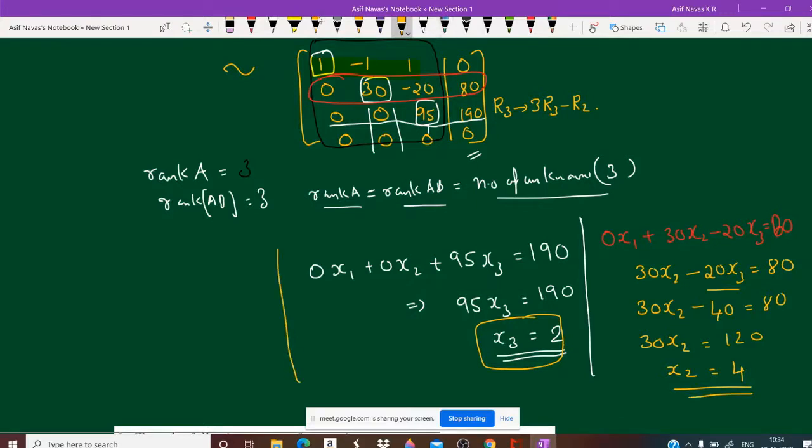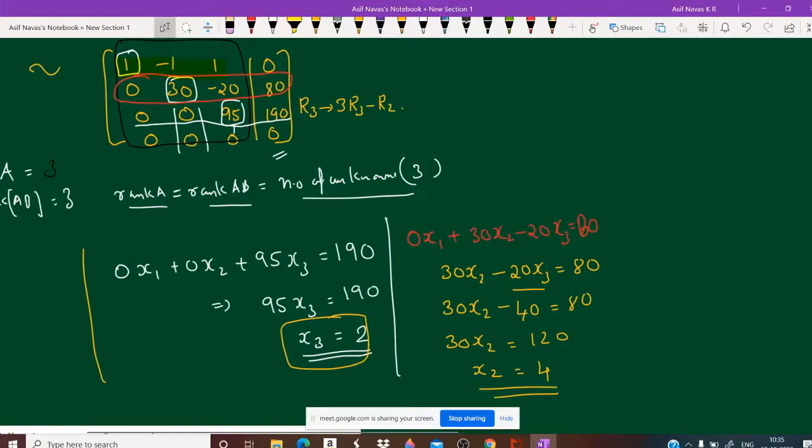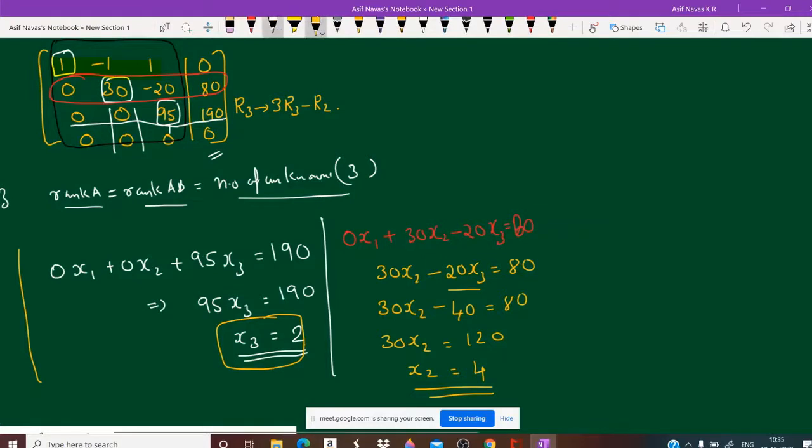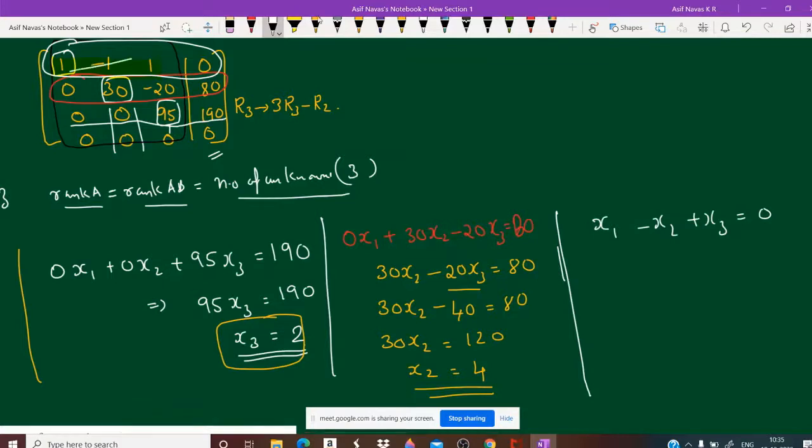Now we got x2 and x3. What is the last equation? From here, x1 minus x2 plus x3 is equal to 0. So x1 minus 4 plus 2 is equal to 0.